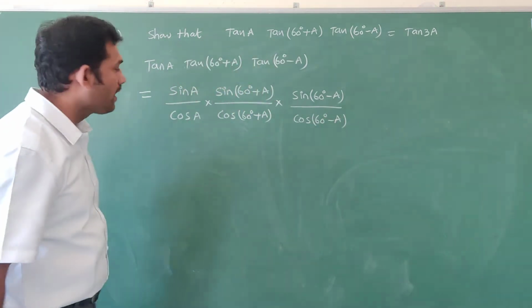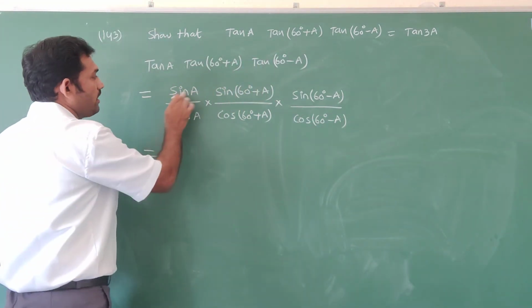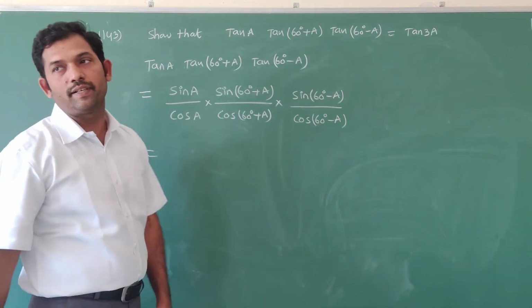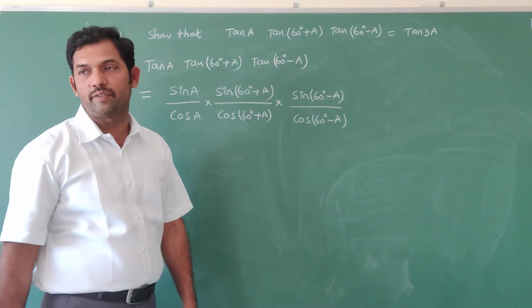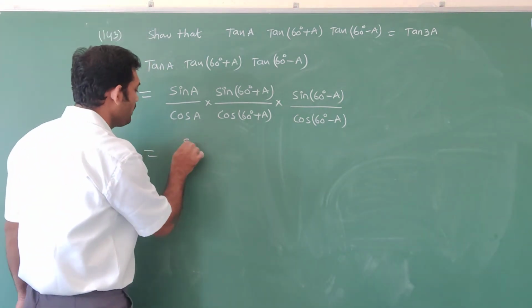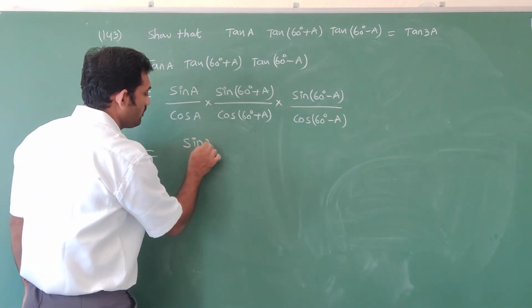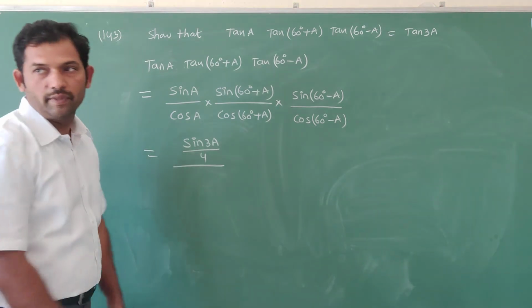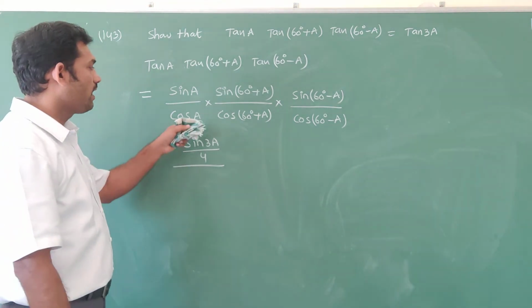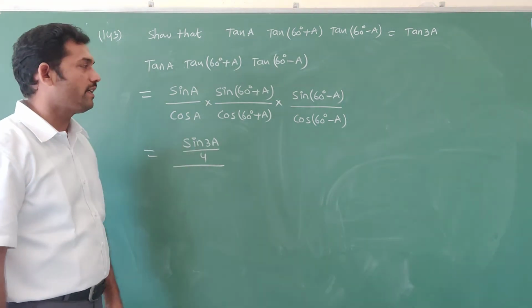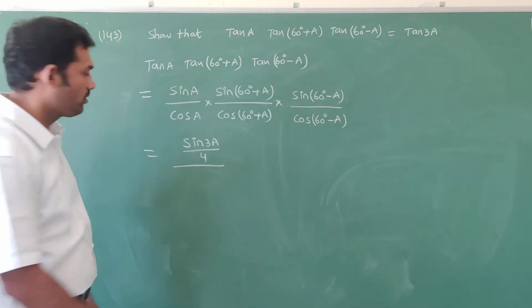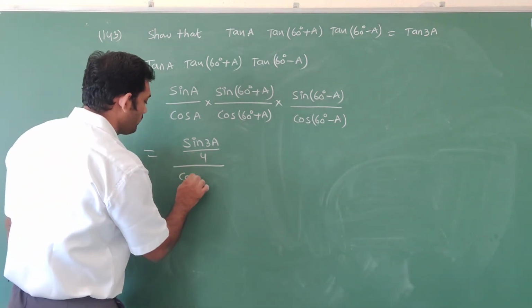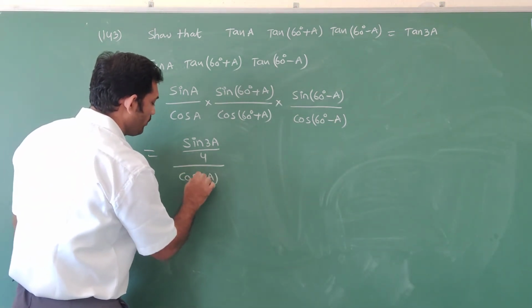Now we know these formulas already: sin A sin(60 degrees plus A) sin(60 degrees minus A). What is that formula? Sin 3A divided by 4, whole divided by again cos A cos(60 degrees plus A) cos(60 degrees minus A). What is that formula? Cos 3A by 4.